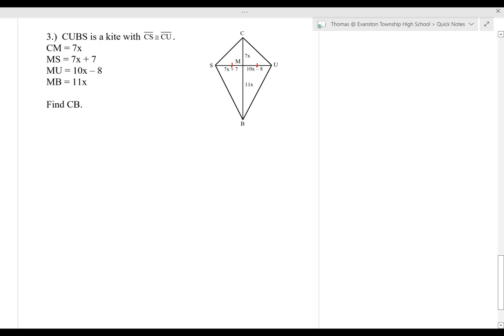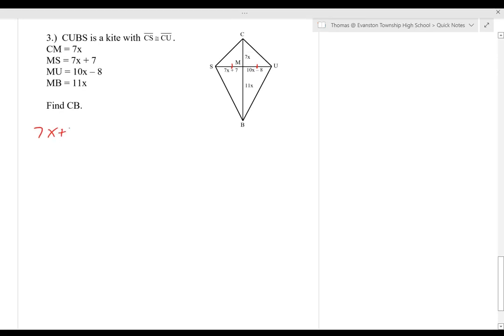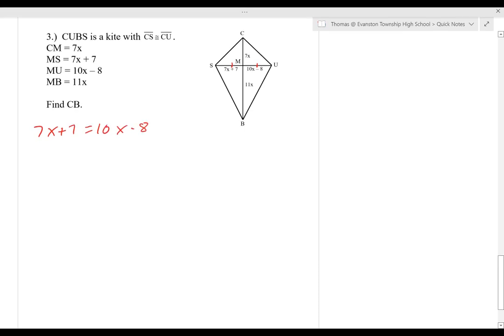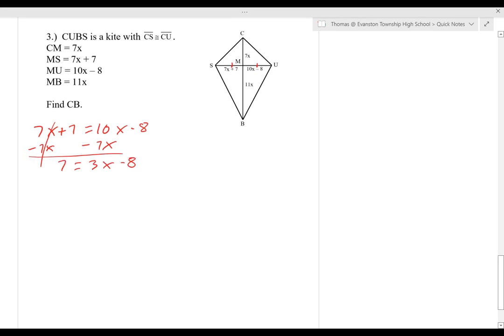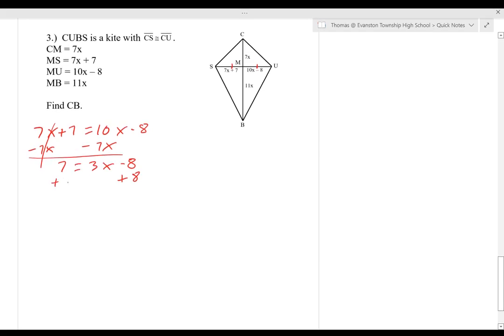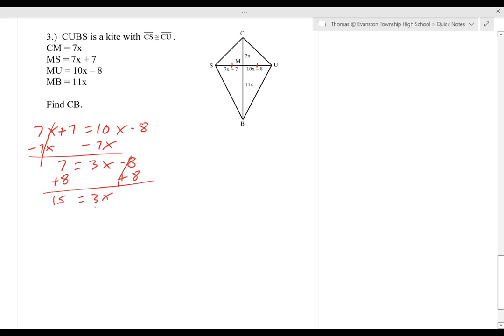So we can take 7x plus 7 and equal it to 10x minus 8 and solve. So I'll subtract 7x from both sides. Add 8 to both sides. And divide both sides by 3. And I get 5 equals x.